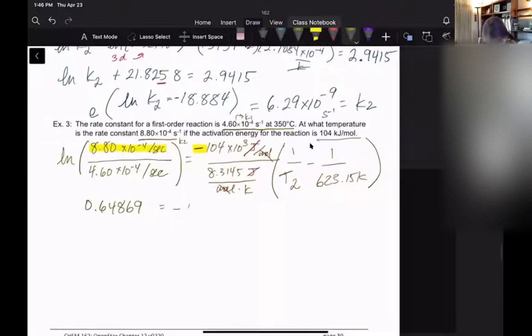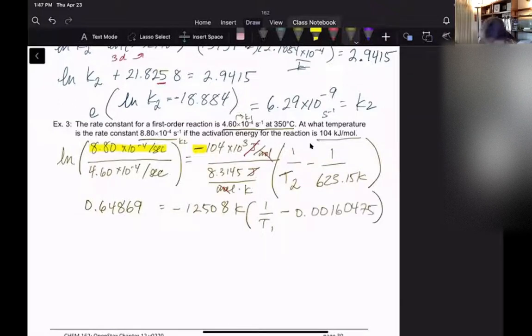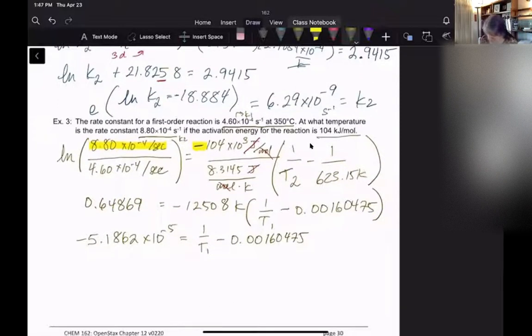And what have I got? 12508 Kelvin times 1 over T1 minus... So be very methodical, of course, with your math here. 1 over T1.